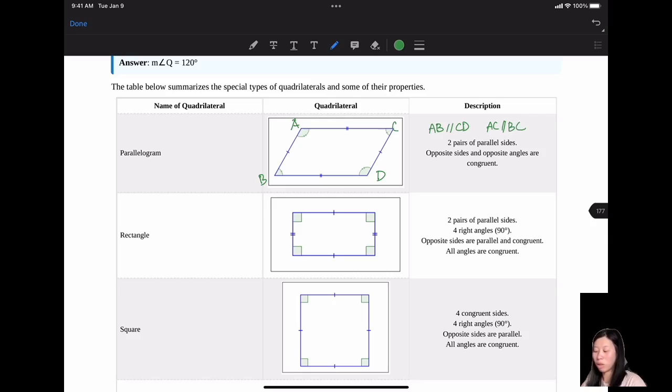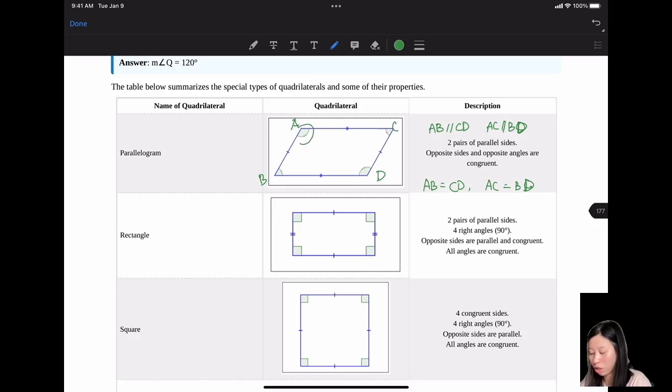The opposite sides and the opposite angles are congruent. That means the length of AB equals the length of CD, and the length of AC equals the length of BD.